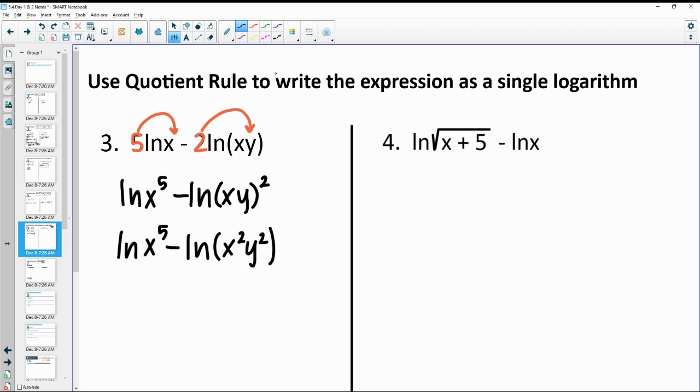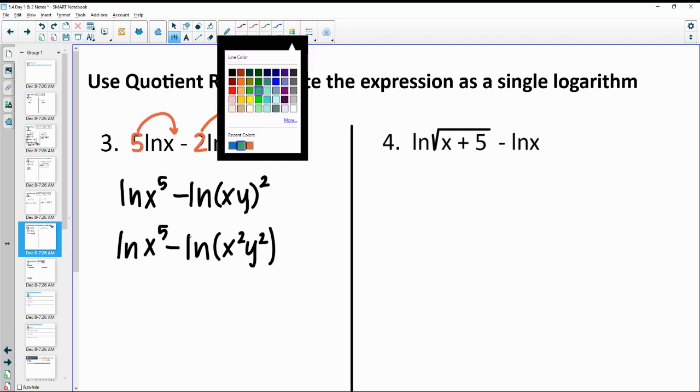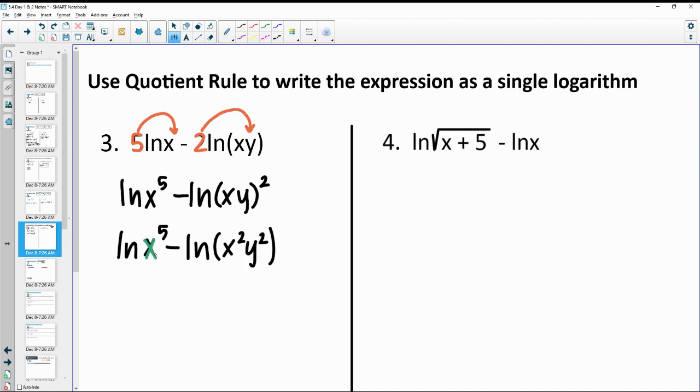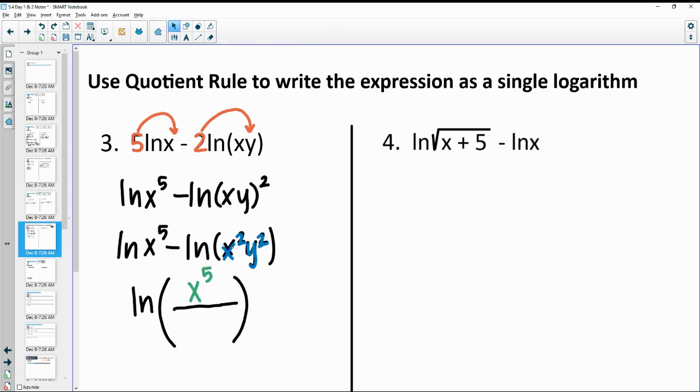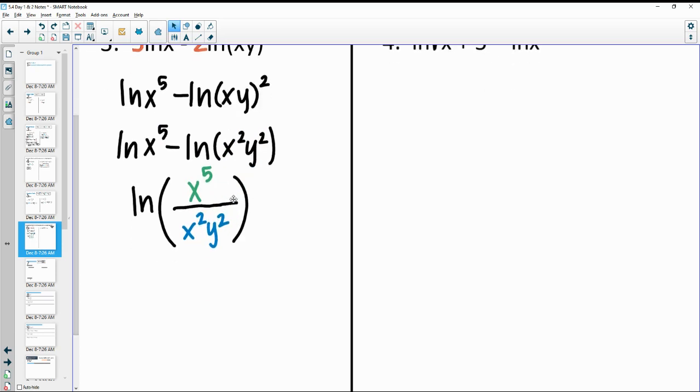So now that we've brought those powers up, now we can use the quotient rule. So now we have this x to the 5th first, and then we have the x to the 2nd, y to the 2nd, being subtracted in another natural log. So then we're going to have the natural log of the first one divided by the second one. So we're going to have the natural log of x to the 5th over x to the 2nd, y to the 2nd.